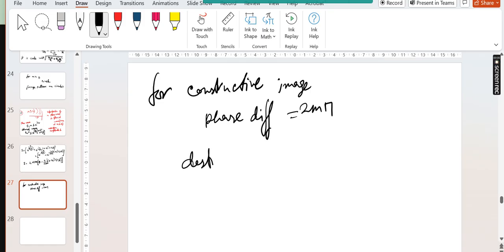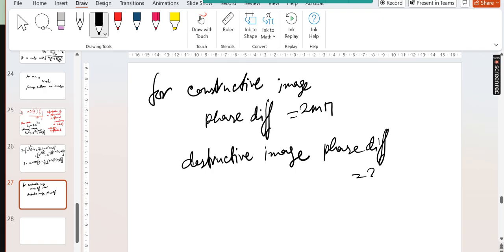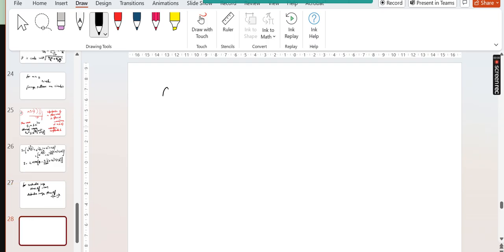And for destructive interference, the phase difference should be (2n plus 1)π. So for m equal to 1, n is equal to 1, we get a bright fringe.